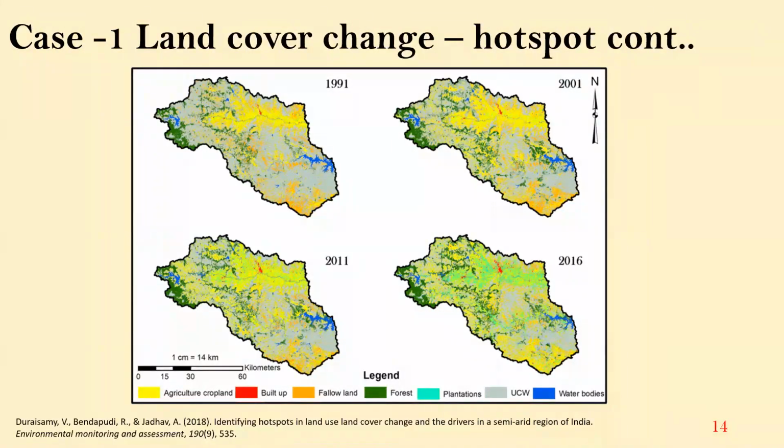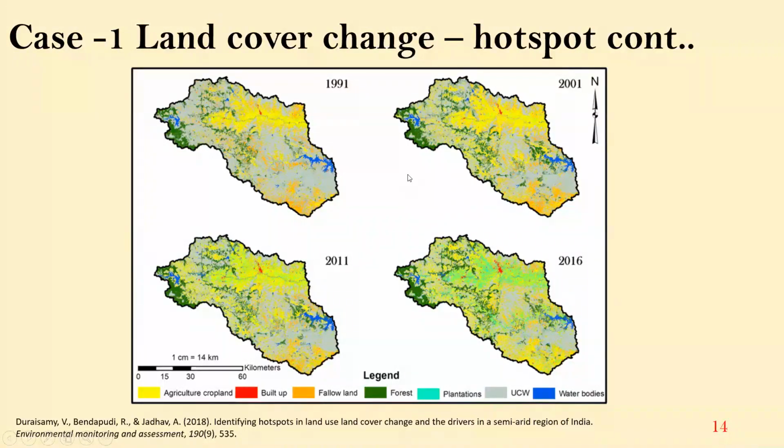With this time series mapping of land use changes, you can make out what type of transitions have happened in the land cover. As you can see, there is an expansion of agriculture land, in yellow color, into the unculturable wasteland and grasslands, and in recent years the croplands are being converted into horticulture crops and monocropping, such as pomegranate and sugarcane in this region.